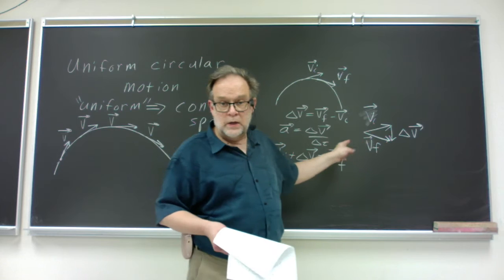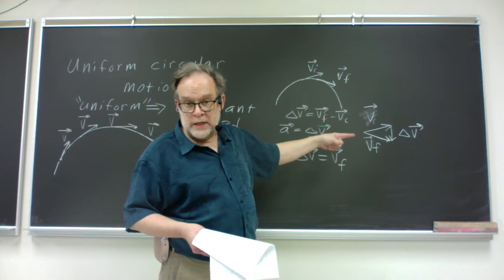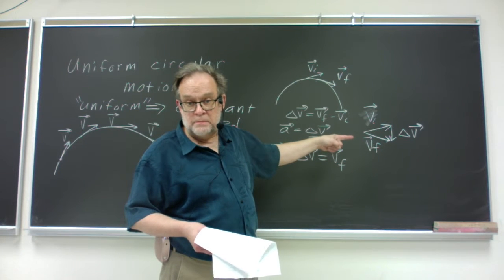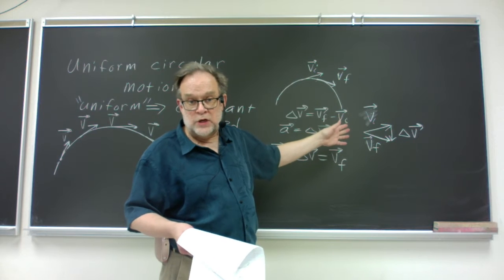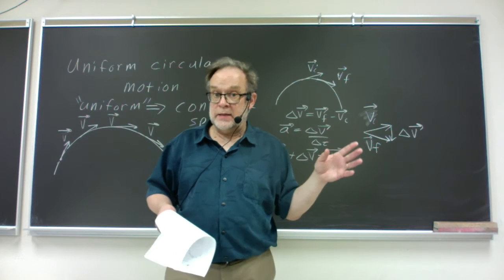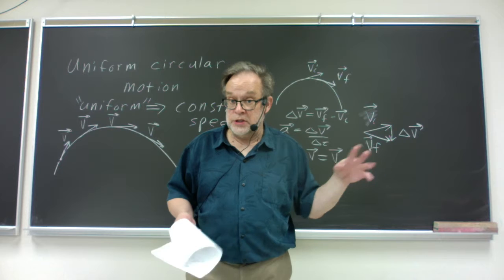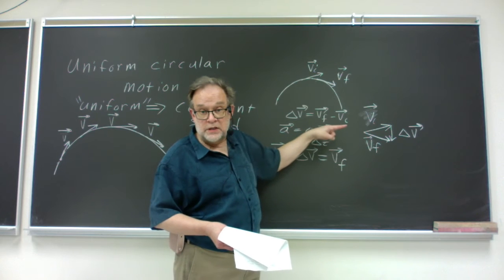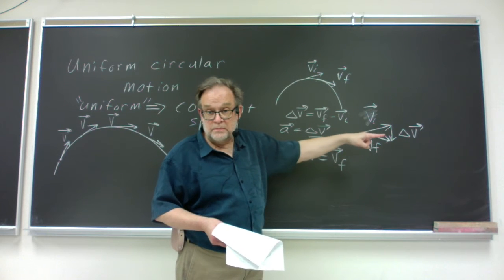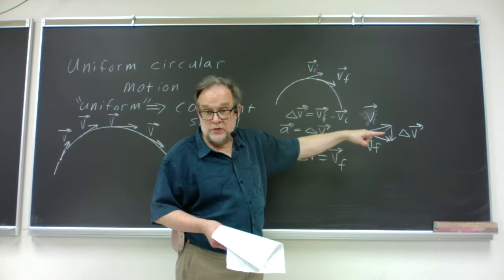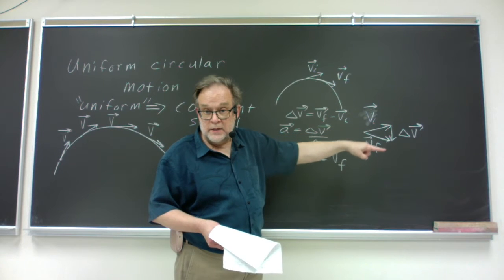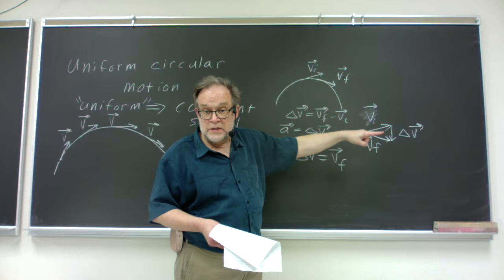And remember, when you represent addition of vectors with arrows, the things being added together are connected tail to tip. So if this is the initial velocity and then we have some extra velocity, the delta velocity, added on in this direction, right? The things that are being added are connected tail to tip.